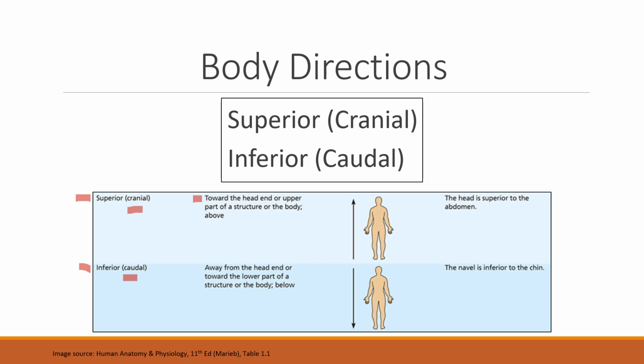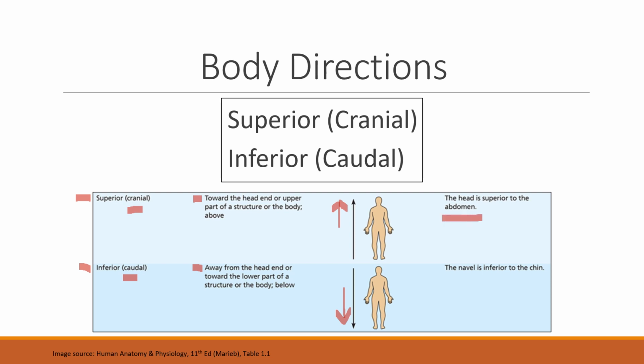You remember the cranium is the head, caudal means tail. So you have towards the head or upper part of the body, and then inferior or caudal means towards the lower part of the body, going this way. Superior, inferior. Cranial or caudal.